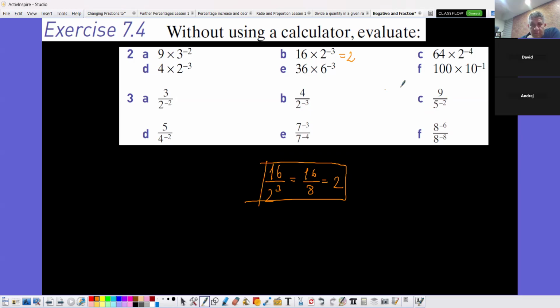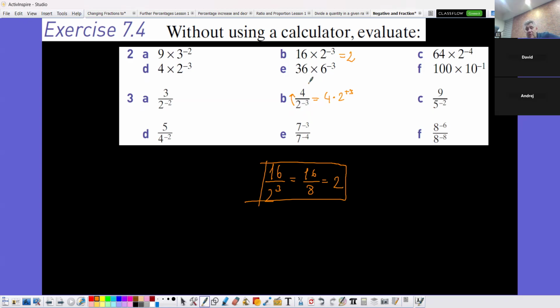Then I will choose this kind of thing here. 4 times 2 to the power of minus 3, I'm solving. Here, this should be like this. 2 to the power of -3 should become +3, because when it moves to the other side of the fraction bar, you should change the sign.